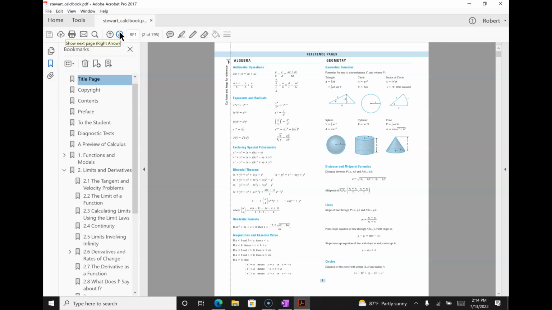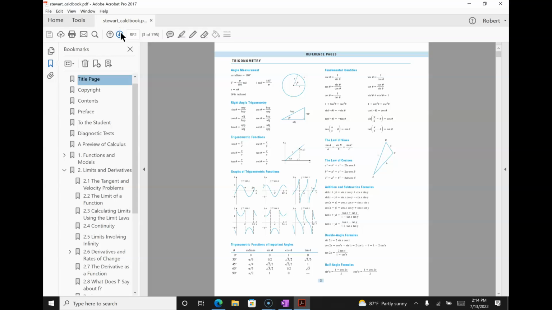I would suggest putting it on your formula sheet. It's 2 pages of everything you should have memorized from pre-calculus.